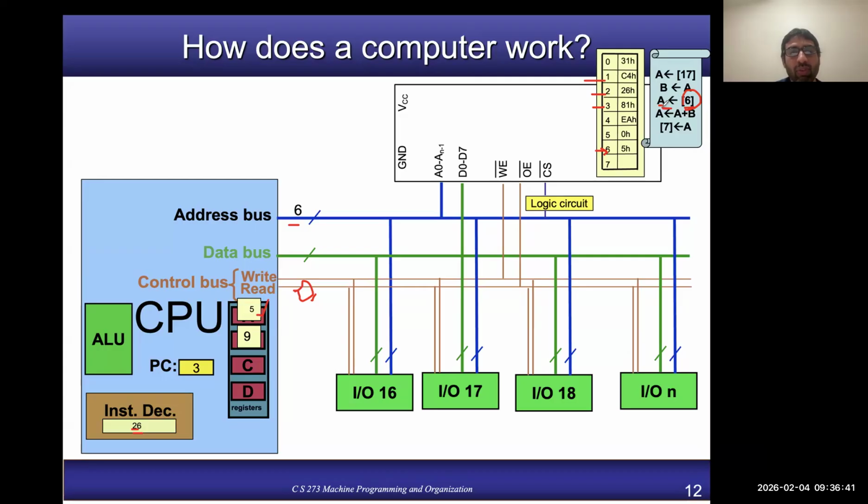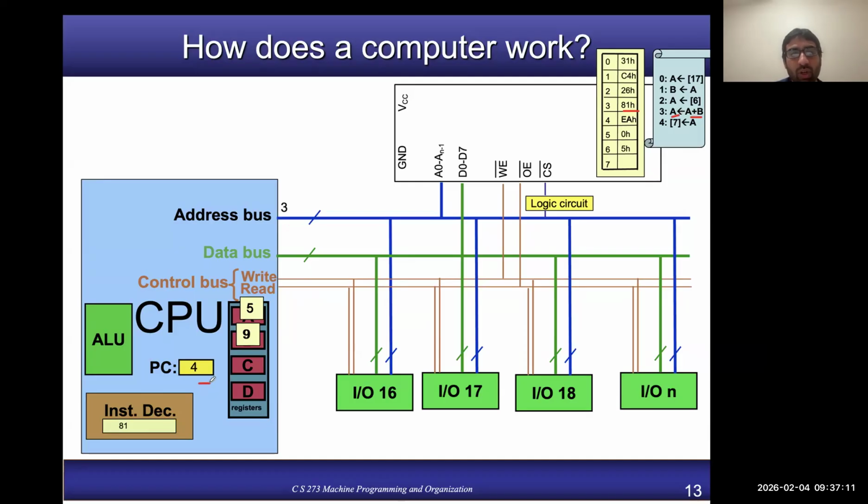So now the CPU will place the address 3 on the address bus and drive the read signal, and the instruction from address 3, which is 81 hex, is brought in and decoded. When you decode it, it tells you to add A and B and put the result back in A, right? So 5 plus 9 will be, so PC is incremented definitely.